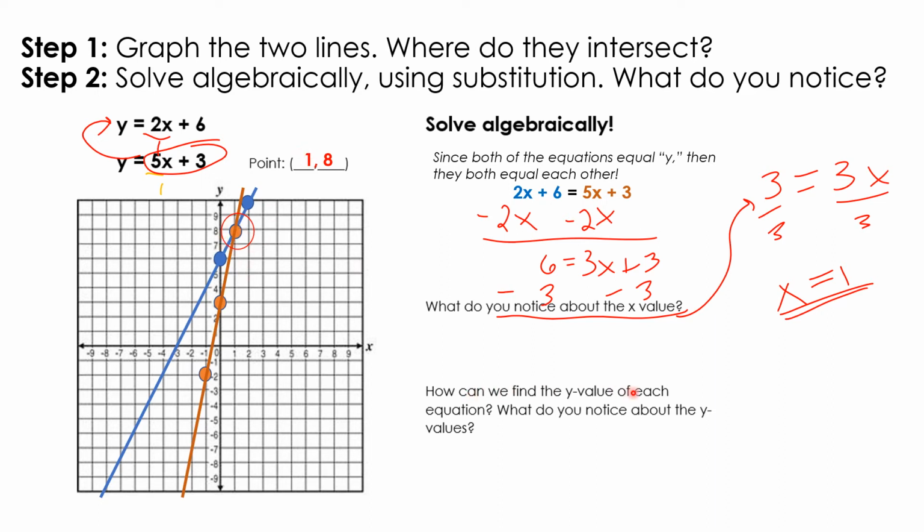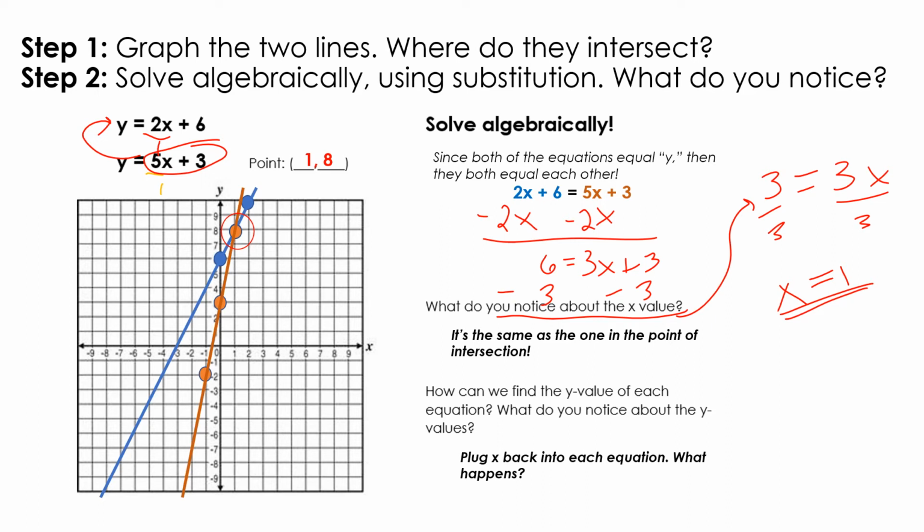So how do we find the y value of each equation, right? Remember we said that our goal is that we want to find a value for each variable that works within both of these equations or makes both of these equations true. Well, I can take the x that I found and plug the x back into the equation and see what happens. So I'm just going to do this with mental math.